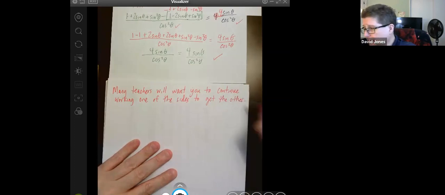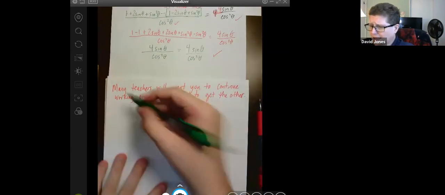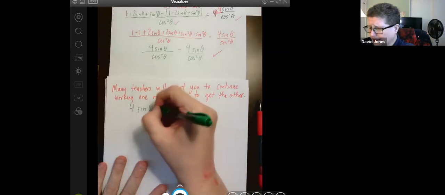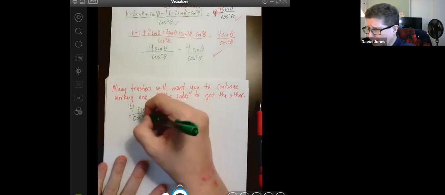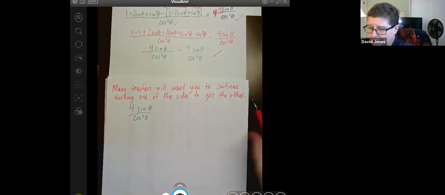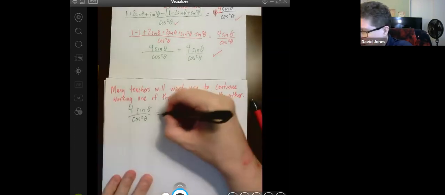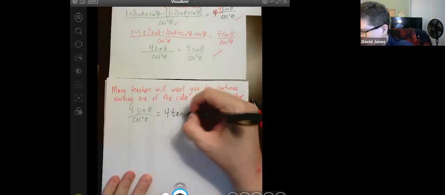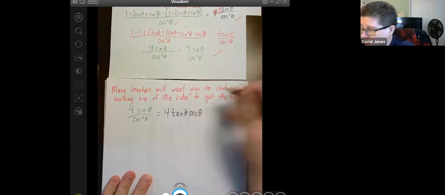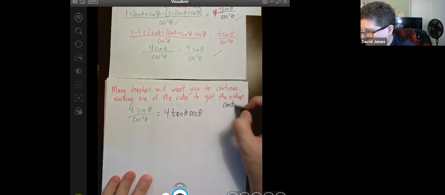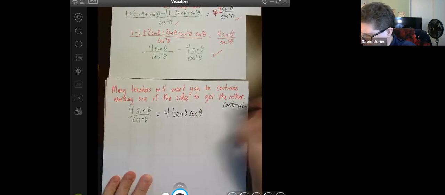So we'll do that. At this point, I've got 4 sine theta over cosine squared theta on the left. I'm going to replace the right-hand side with what I started with, 4 tangent theta secant theta. So this is a continuation. Putting right-hand side back in.